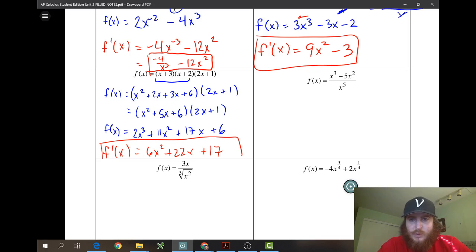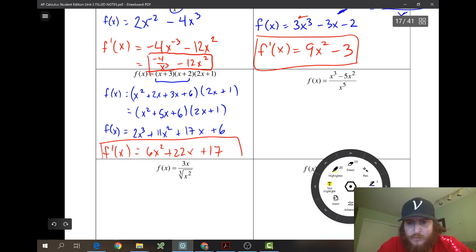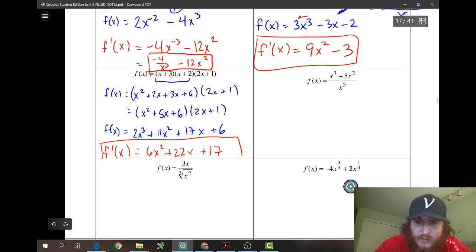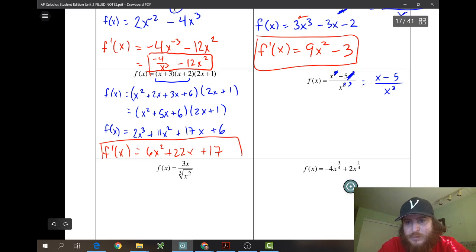Okay, the next one, we can again factor out an x squared from everywhere. But we're going to notice that even if I take out an x squared from everywhere, that's going to become x, this is going to become x cubed, we still get x minus 5 over x cubed. So this is where we do need to split up. So anytime we have an adding or subtracting in the numerator, we can always split up.